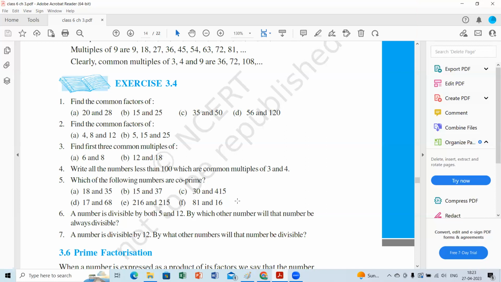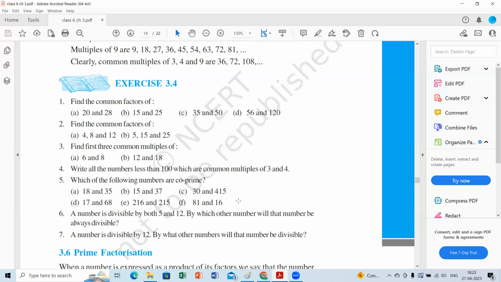Now, the 7th question. If a number is divisible by 12, by what other numbers will that number be divisible? This is a wonderful question, children.